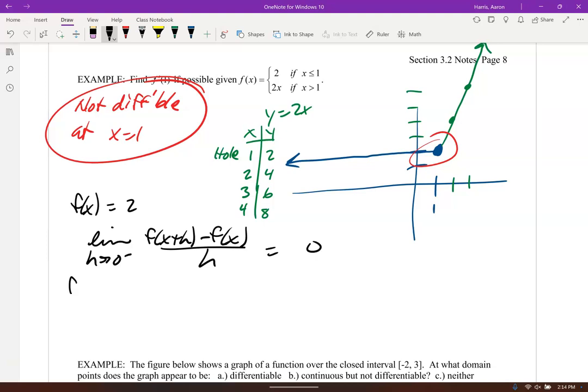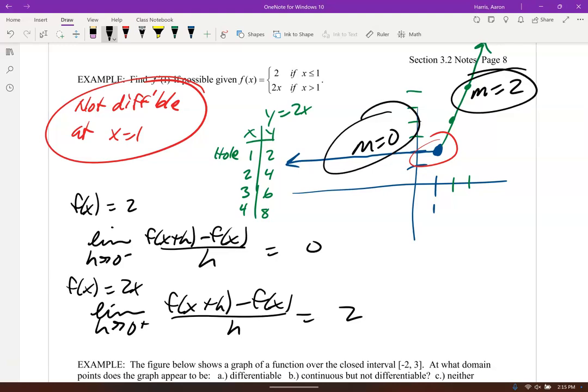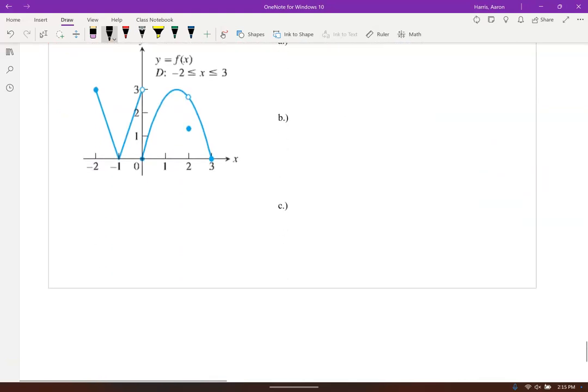Then you'd do it for 2x, and you'd run h to 0 from the right, and you'd get 2. If on the left the slope is 0, but on the right the slope is 2, those don't agree, right? At x being 1.